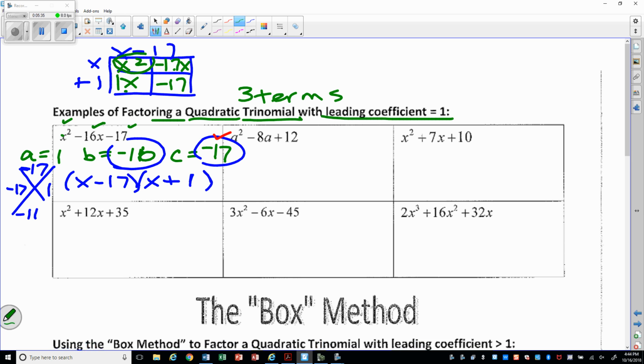So if we were to multiply these two factors together, if we FOIL this, we get that. So that means these are factors of this product right here. Okay. All right, now looking at the next one.